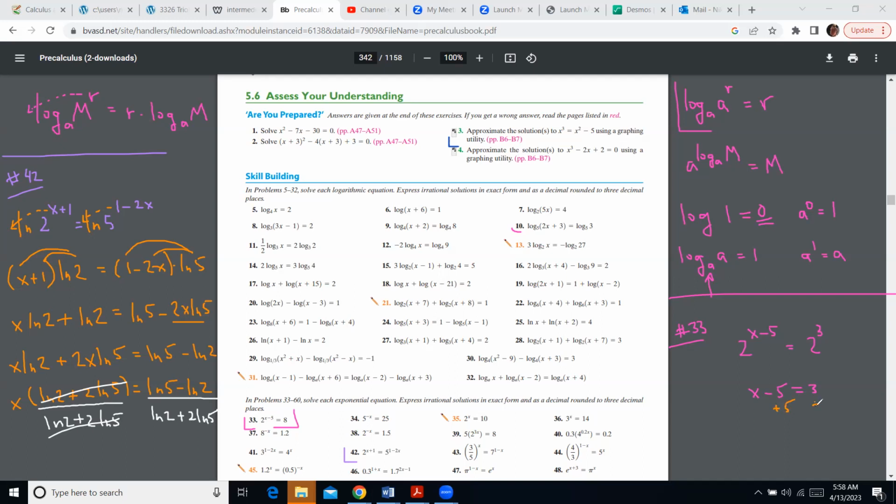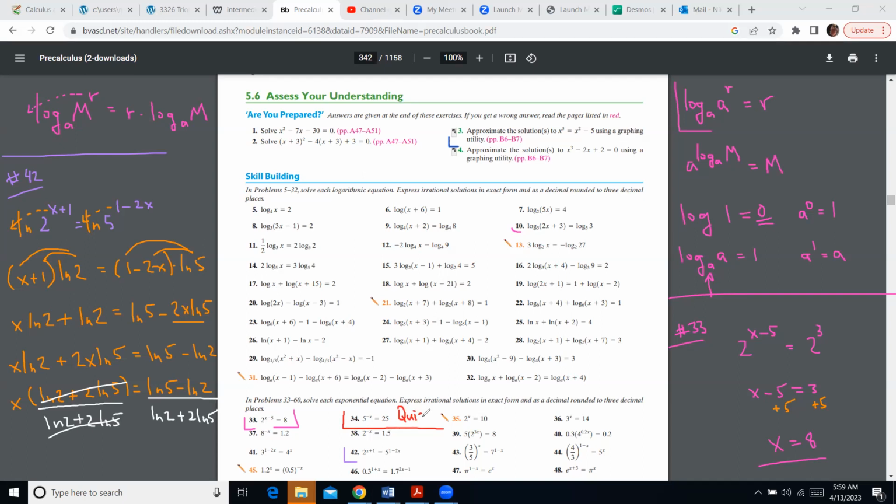I will add 5 on both sides. That's what we always do when we solve equations, right? So we got 8 for x. So we're done. That's the answer. I think it's a nice exercise, right? So maybe 34 will be another nice and enjoyable exercise then.